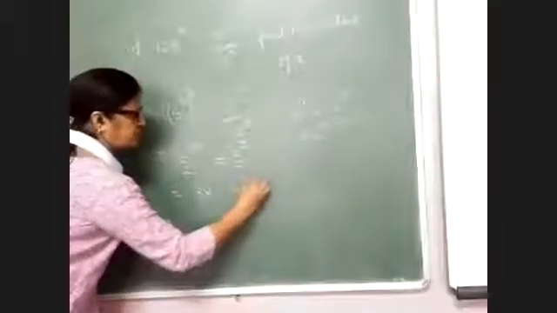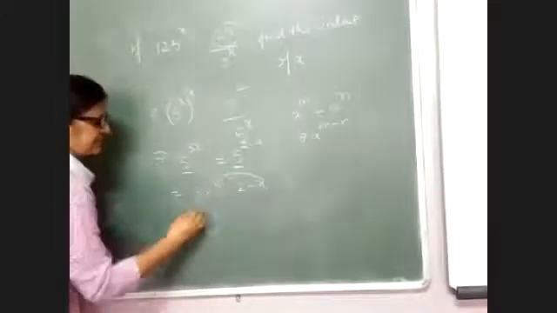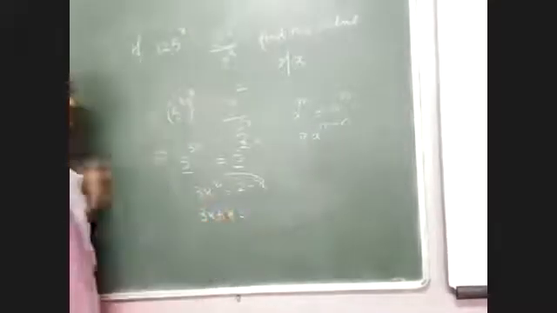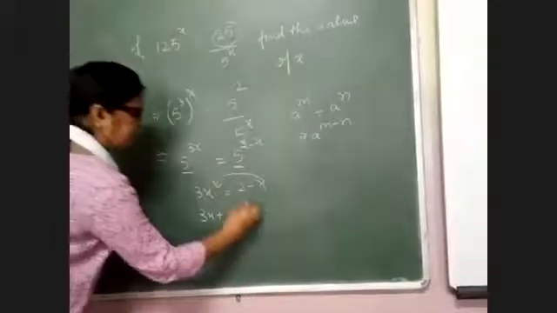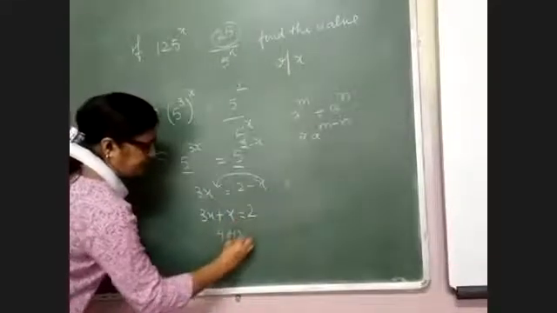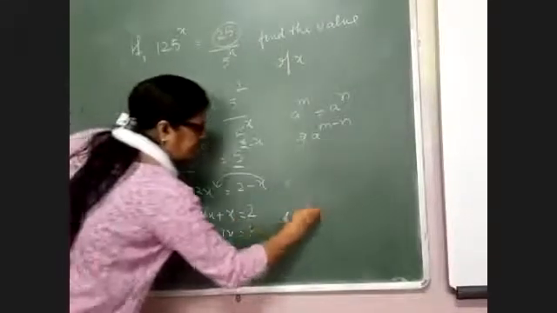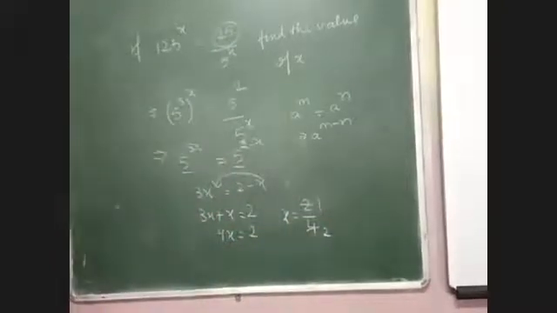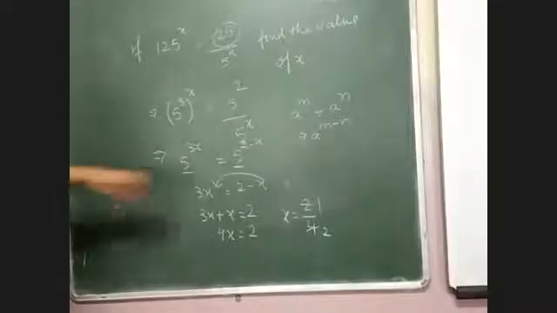This is also the rule. So minus x transposed to the left hand side becomes 3x plus x equals 2. Then 4x equals 2. Then the value of x equals 2 upon 4, which is 1 upon 2. The answer is 1 upon 2.